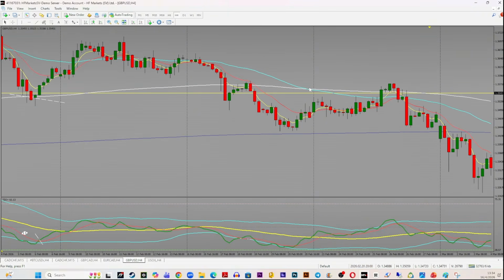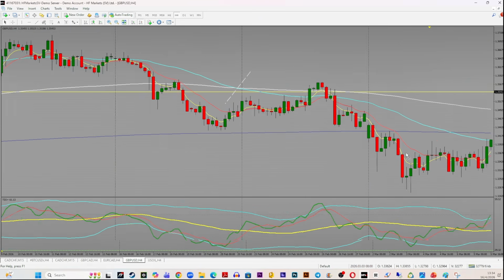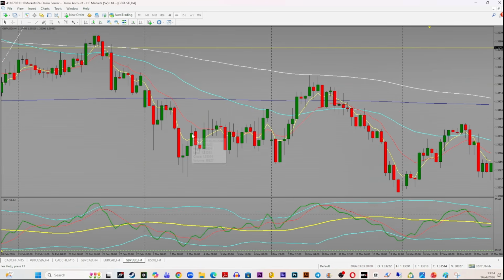We have another crossover that occurred at this particular point, and after that crossover the market came back to the 200, and we can see there was this shark fin and a cross of the green and red for us to get this particular drop to the downside.